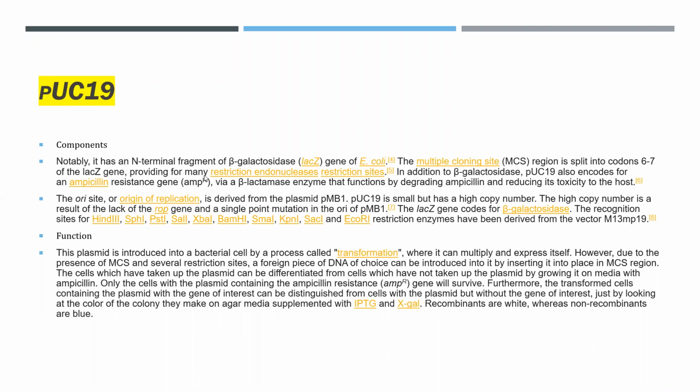These components are added into the plasmids, that is, the lacZ gene. Next, the restriction endonuclease enzymes HindIII, SphI, PstI, SalI, XbaI, BamHI, and EcoRI can be added into the plasmids, along with the ampicillin resistance gene, AmpR.